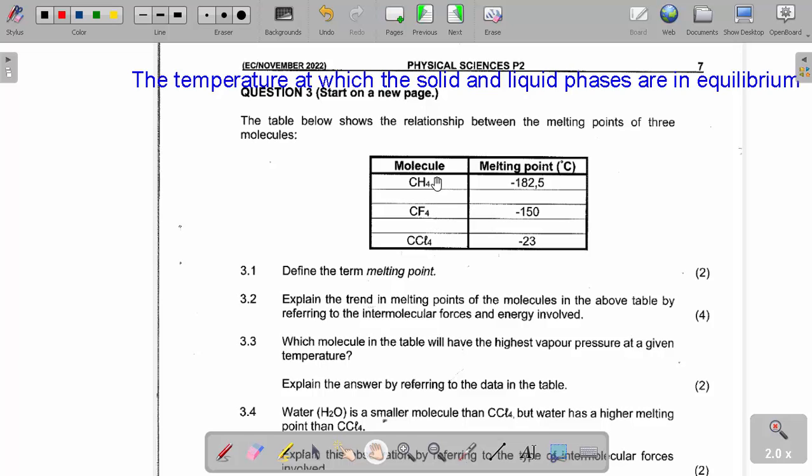Because all these are non-polar molecules which have London forces between the molecules, the increase in size gives an increase in the strength of the London forces between the molecules from methane to carbon tetrachloride.